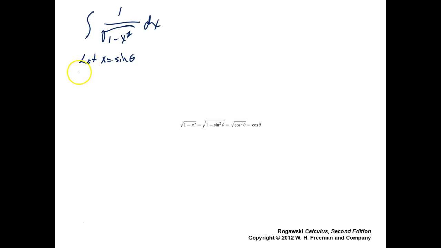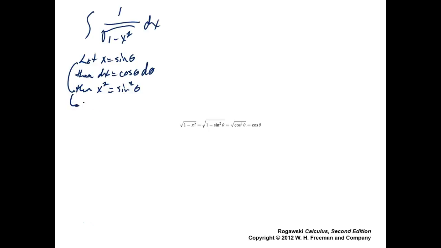There are a couple of things we've got to do. You tell me one. Let's do our dx. Dx is equal to cosine theta d theta. Perfect. Another thing you might want to do: x squared is equal to sine squared theta.